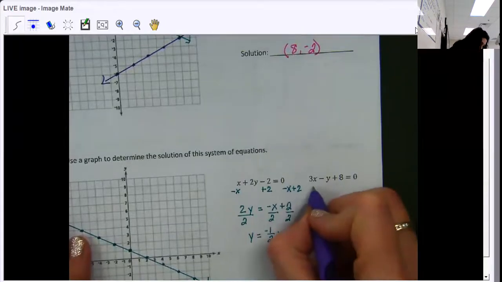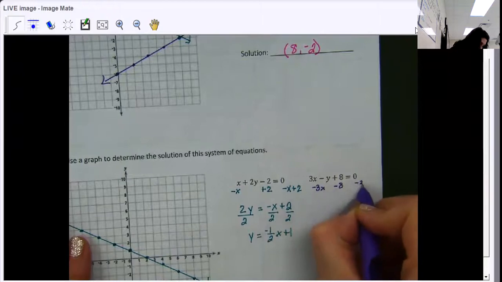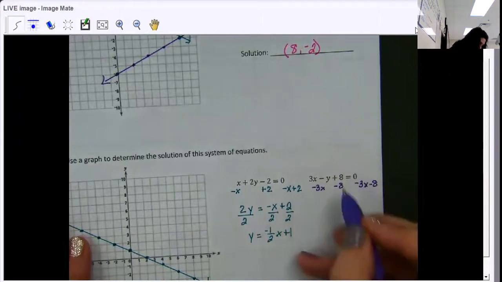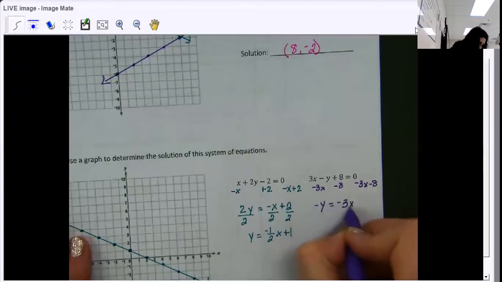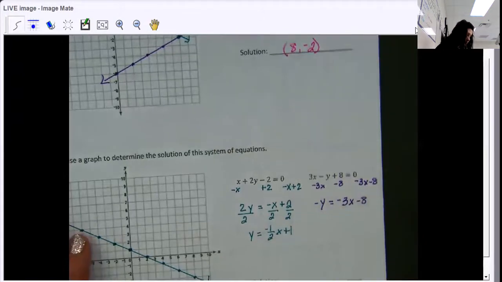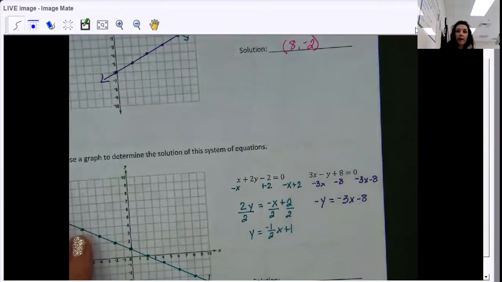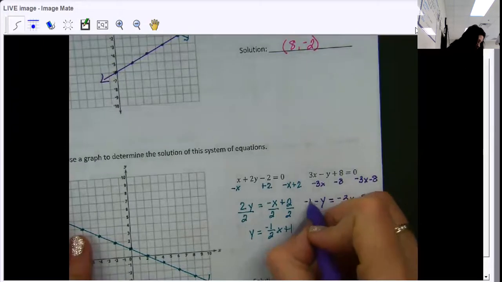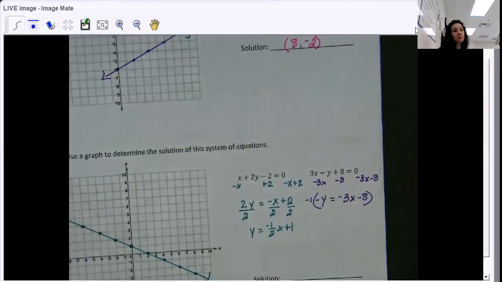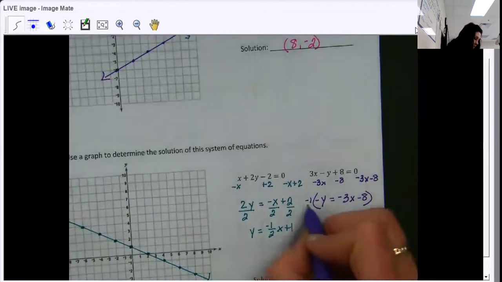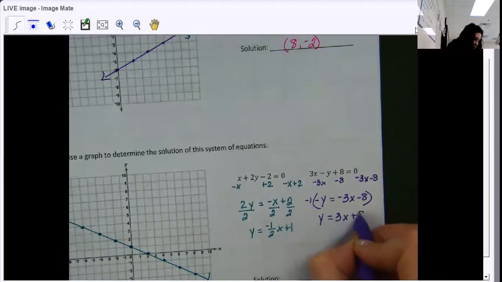So I'm going to subtract 3x and subtract 8 from both sides. And we end up with -y equals -3x minus 8. Now remember, we can't have a -y. This time I'll multiply everything by -1 just so you could see the difference between dividing and multiplying. Multiplying is actually a little bit simpler. So this just becomes y equals 3x plus 8.